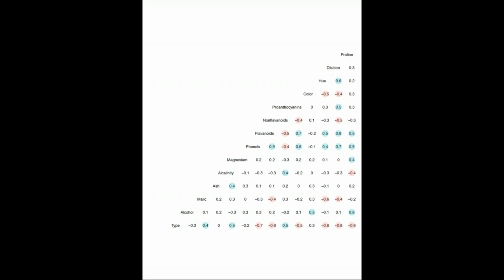Yeah, I can see that ash doesn't have any relevant input here. We can remove it, ash, and we can remove this one. I can't read the name. Second, let us go one by one. So type and alcohol.